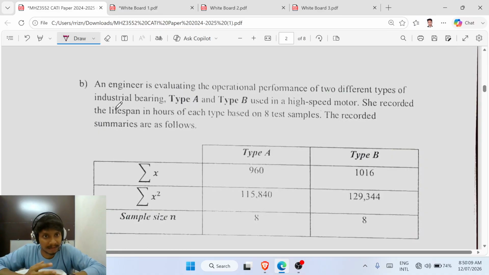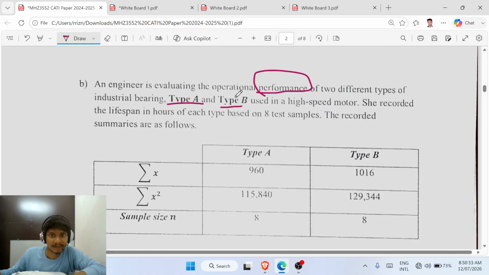Now let's read the question. An engineer is evaluating the operational performance of two different types of industrial bearing, type A and type B, used in a high-speed motor.